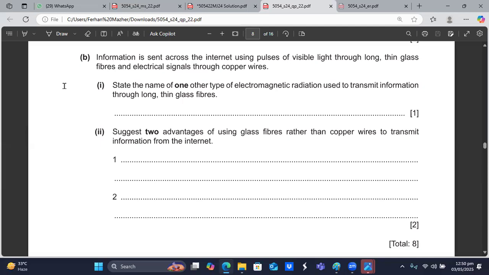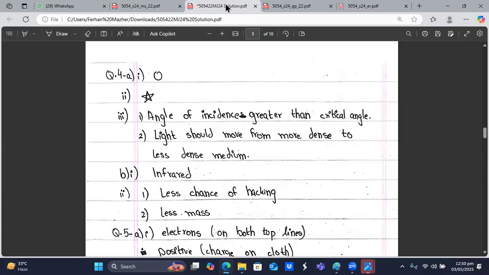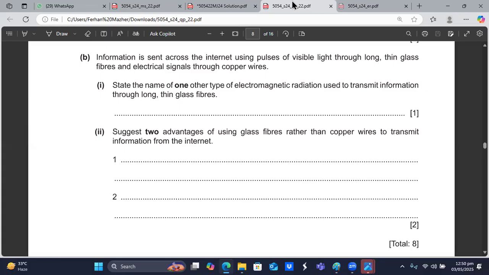State the name of one other type of electromagnetic radiation used to transmit information through long, thin glass fibers. Visible light they have given us, and the other one is infrared rays.